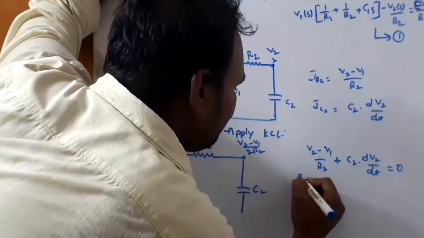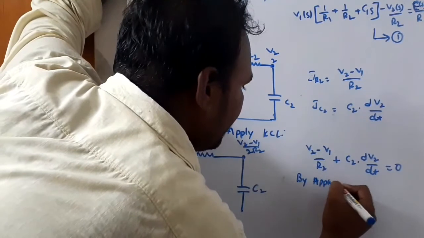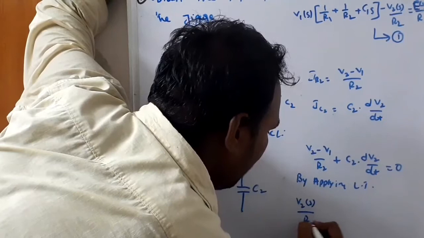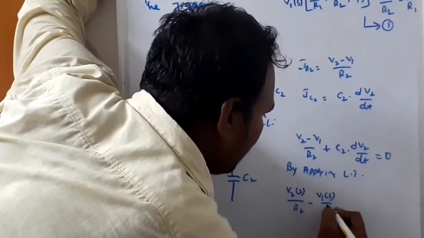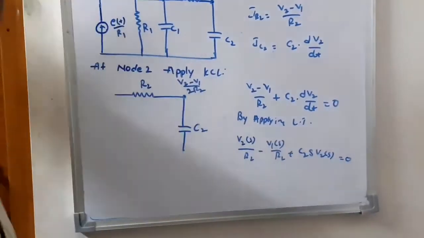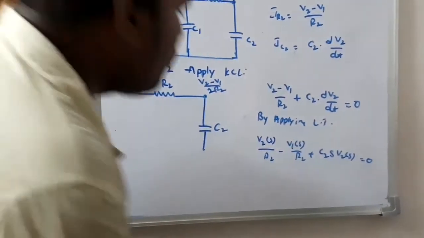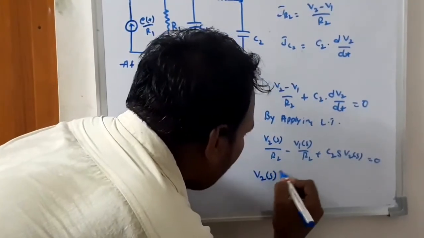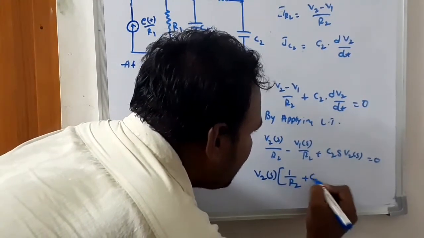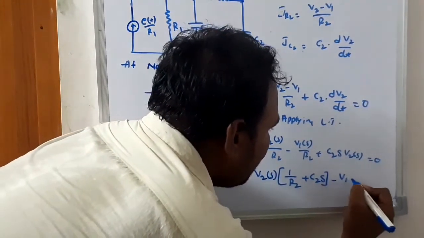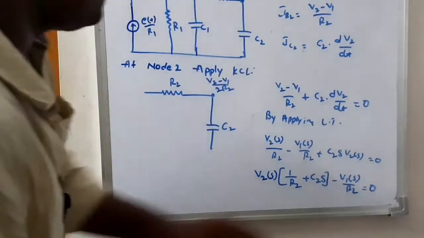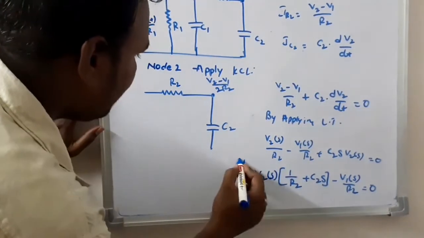By applying the Laplace transform, what we got? V2(s)/R2 minus V1(s)/R2 plus C2s V2(s) is equal to 0. From this equation we take V2(s) common. So V2(s) common, what happens? (1/R2 + C2s) minus V1(s)/R2 is equal to 0. From this we can rewrite the equation like this.